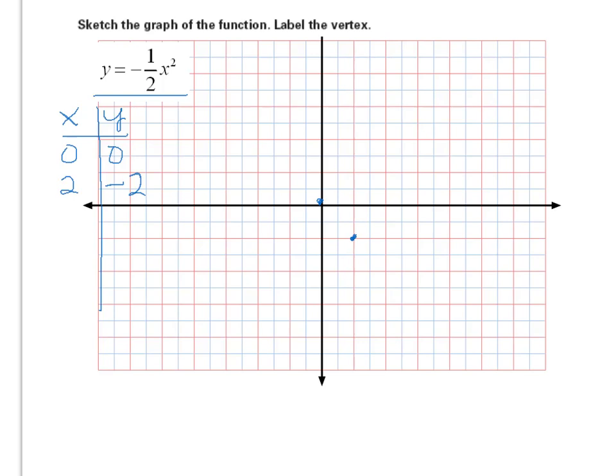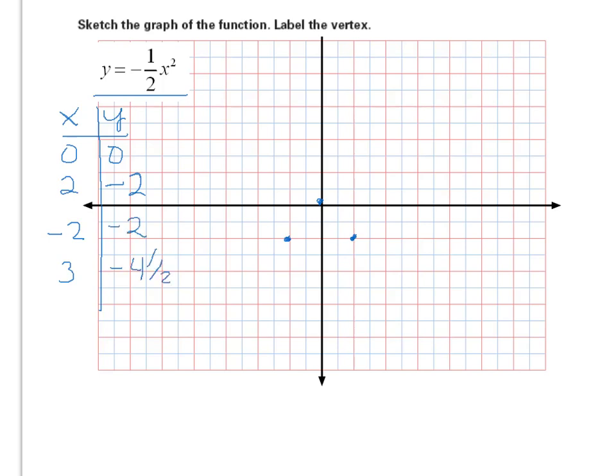And then notice if we put in a negative 2 for x, we'll get exactly the same thing, because we'll get 4, and then times negative a half, it'll be that negative 2. Okay, so let's try 3. So 3 squared is 9. Negative a half times 9 is negative 4 and a half. I have to put in the negative 2 up here.